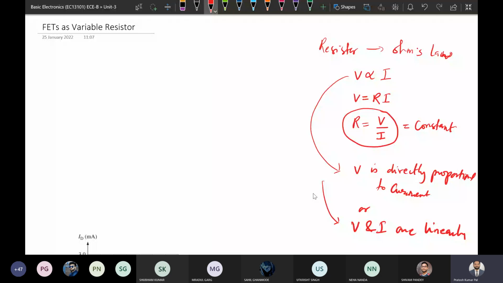That's why FETs can be used as a variable resistor, or we can also call it a voltage dependent resistor.